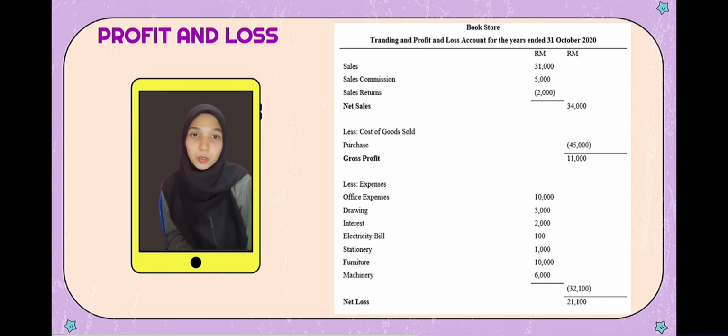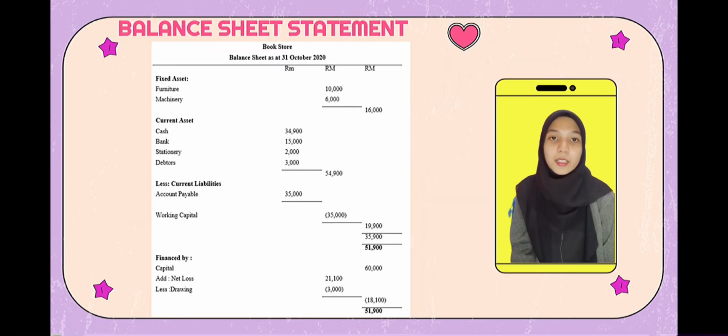The statement of profit and loss, Bookstore. Trading and profit and loss account for the year ended 31 October 2020. Total for net sales is 34,000, and then total for gross profit 11,000, and total for net loss 21,100. The balance sheet statement for Bookstore.